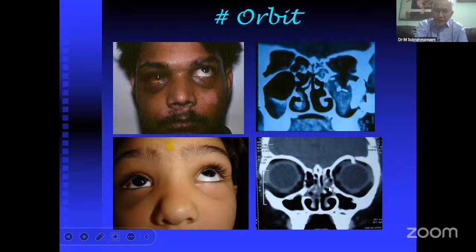The CT scan shows that the floor is intact, perfect, normal, but there is a fractured roof with the bone that has turned inwards and is pressing on the eyeball and preventing the movements mechanically. That is why FDT was positive. So we did a surgery, removed this spicule of the bone, and the patient has become normal.